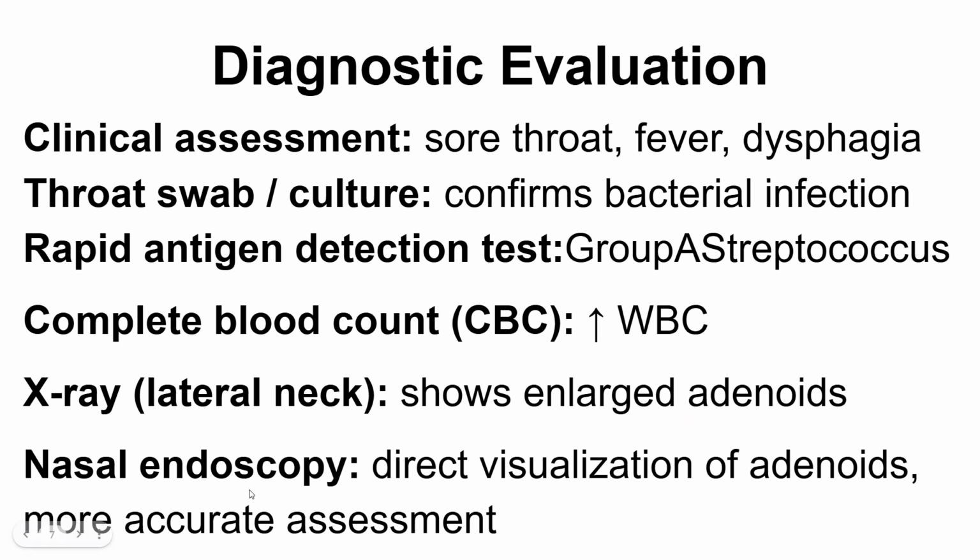Nasal endoscopy is another procedure where an endoscope, which has a camera at its tip, is introduced into the nasal cavity, which helps in direct visualization of the adenoids and their size. If there is any enlargement in the adenoids or any pus formation, it can be viewed through this nasal endoscopy, and this is a very accurate assessment when compared to the X-ray.